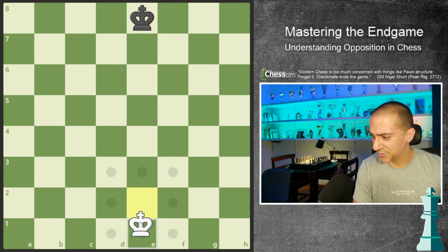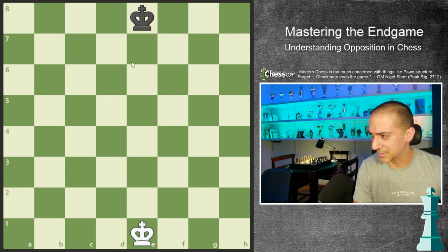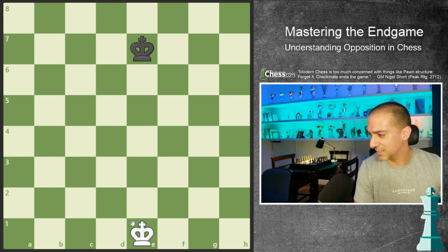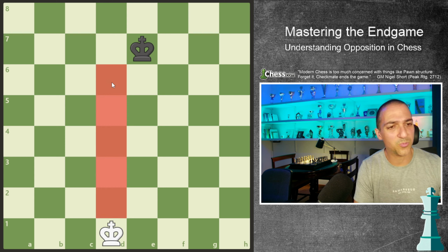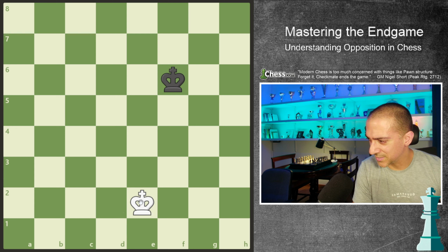For example, if I play in this direction, let's think with black. 1, 2. Let's see. 1, 2, 3, 4, 5. Okay, I have the opposition. If I play here. 1, 2, 3, 4, 5. But well, I can outflank. So if I play here and he plays there, for example, 1, 2, 3.